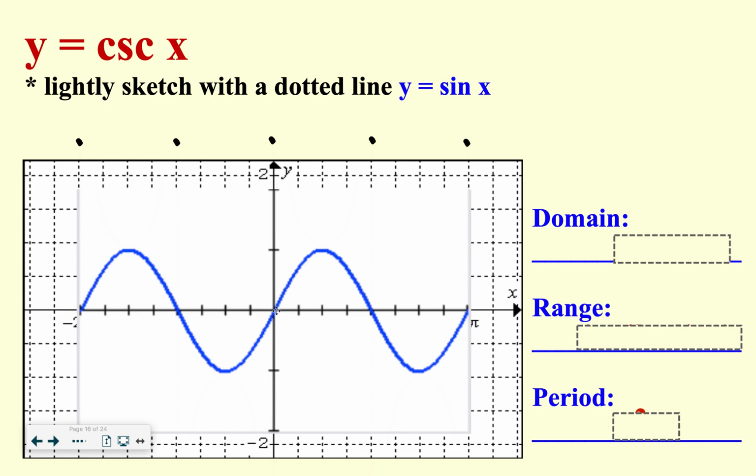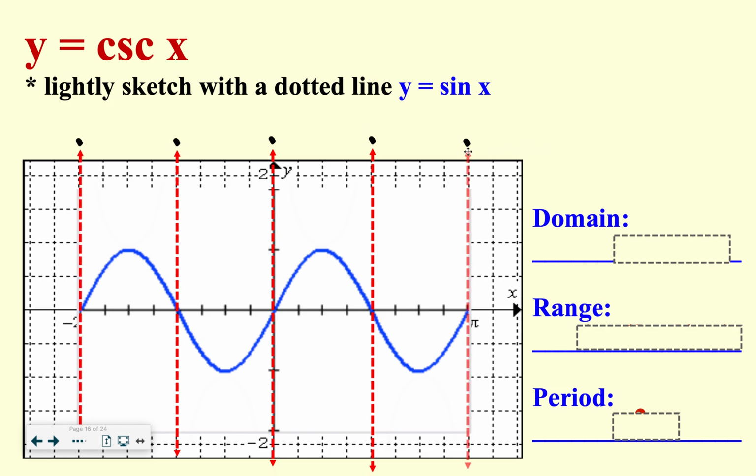So if you think about this 0 point, if you reciprocal 0, you get undefined. So there's my asymptote. Okay, this 0, when I get to pi, it's 0 again. If I reciprocal that, it's going to be an asymptote. So in a nutshell, anywhere the sine hits the midline is going to be an asymptote. So asymptote, asymptote, okay, you get the idea.